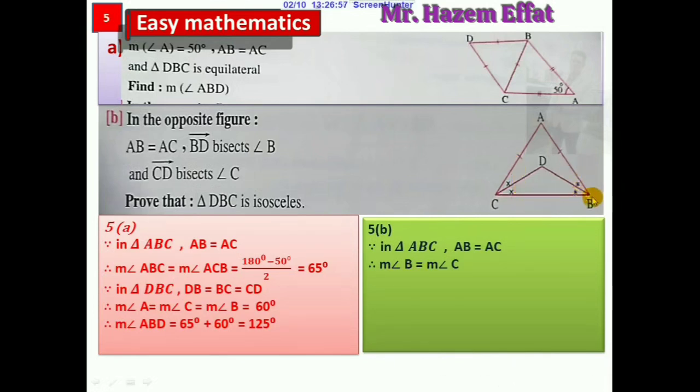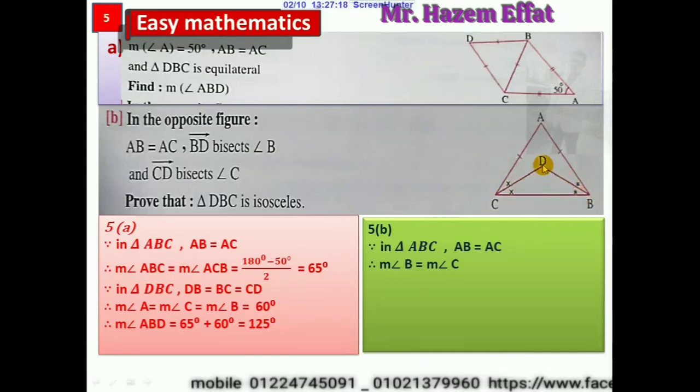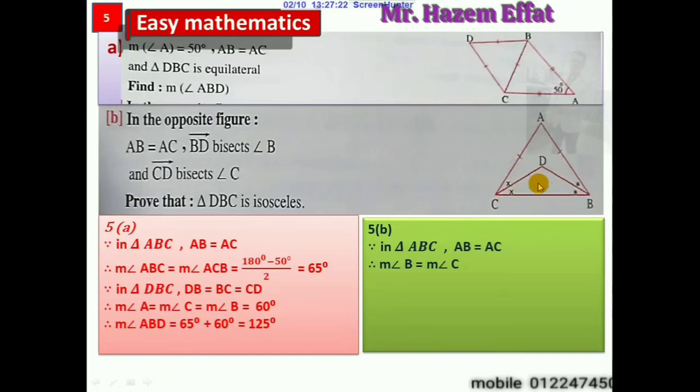And when we have here bisector BD, that means it will divide this angle into two equal angles. The same when we have here CD is a bisector for angle C, that means each two small angles here will be equal in measure. So we deduce that finally the measure of angle DBC must be equal to the measure of angle DCB. This is a small triangle. How to write it?